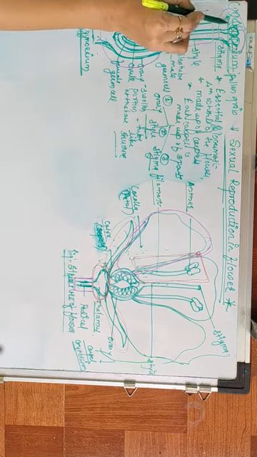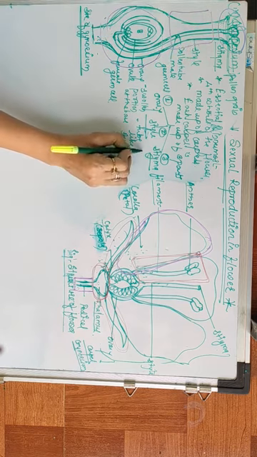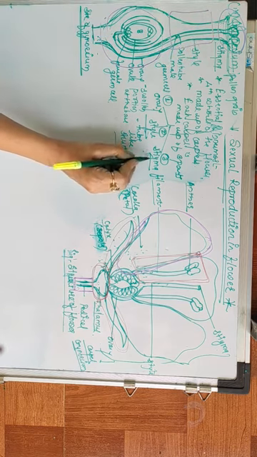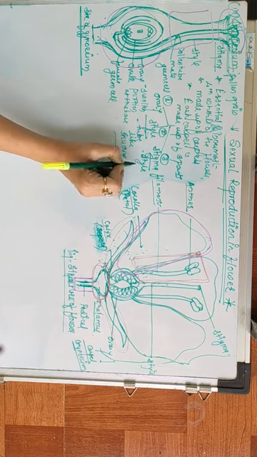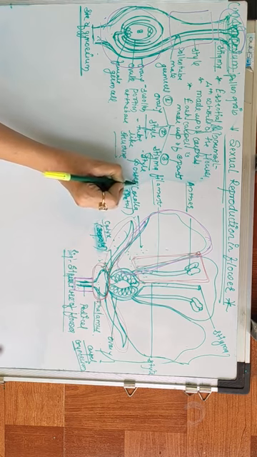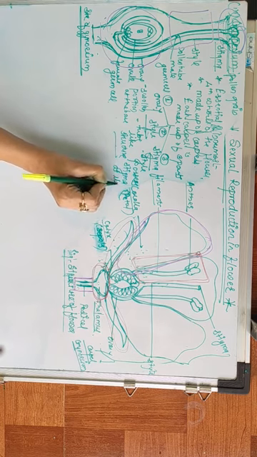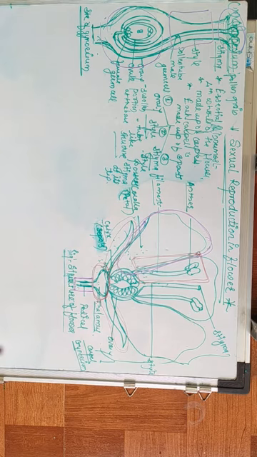You can see this condensed part present at the tip of the style, that is called the stigma. So the style possesses the stigma at its tip. Now you know the three parts of this gynoecium.